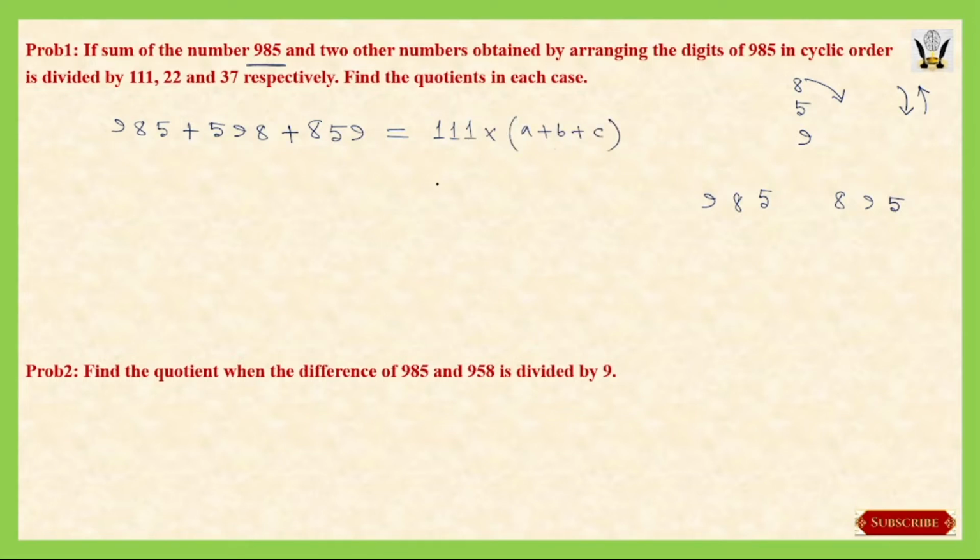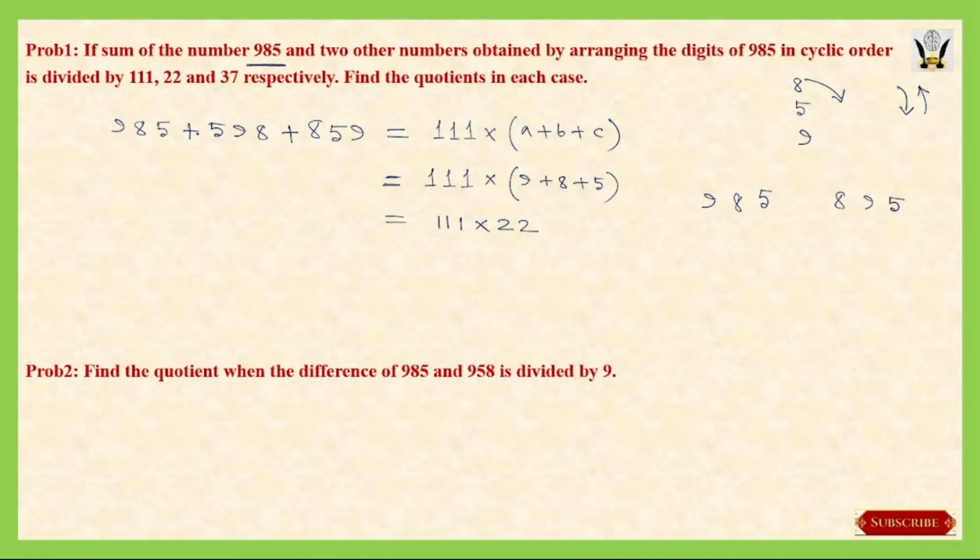That means the result of the summation will have two factors. One of them will be 111 and the second factor will be a plus b plus c, here 9 plus 8 plus 5. So it will be 111 times 22.